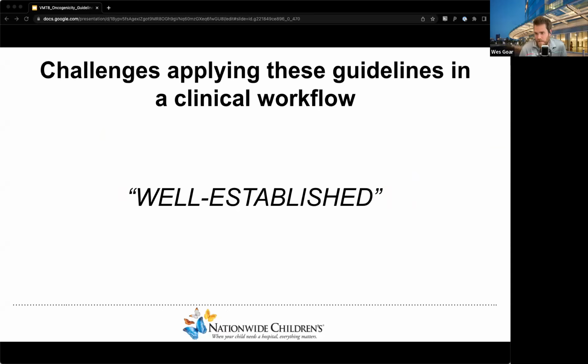This term well-established, right? And I understand why in the guidelines for both ACMG and for the oncogenicity guidelines, they use this term well-established and they leave it as ambiguous. But it's really important to start trying to define internally what that means and then come up with a consensus from the community, I think would be really wonderful.